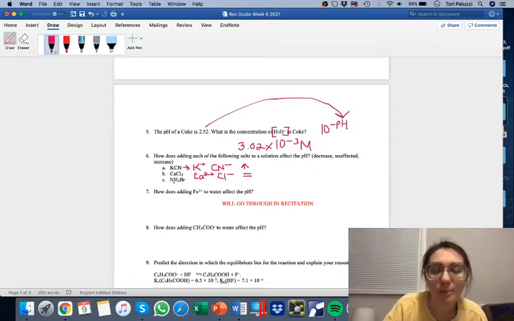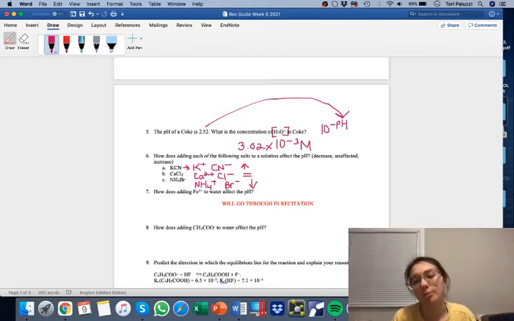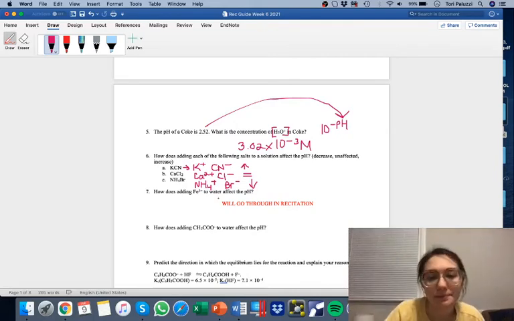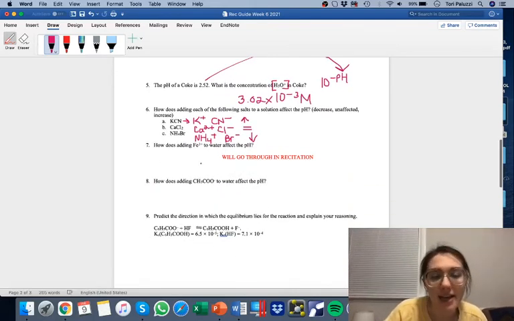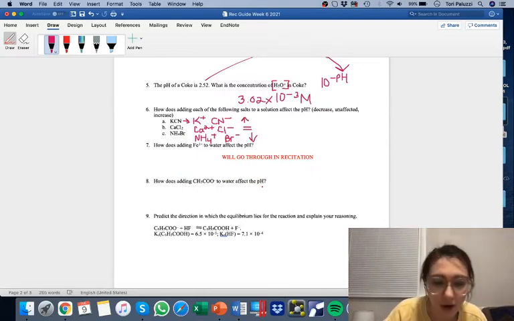Finally, we have ammonium ions, NH4 plus, and that comes from a weak base. And then we have Br minus that came from a very strong acid. So again, if we have a strong acid, by adding these salts, we'll probably decrease the overall pH.